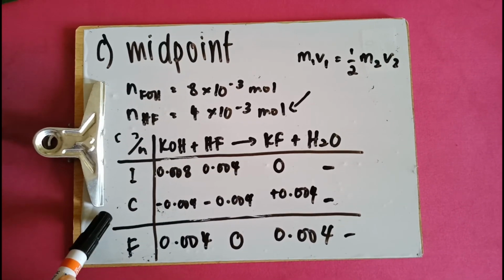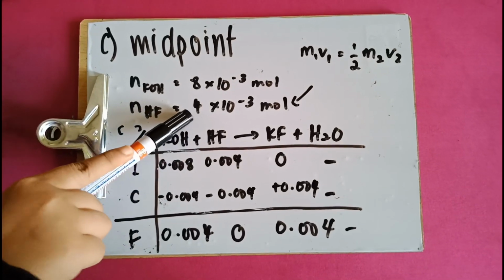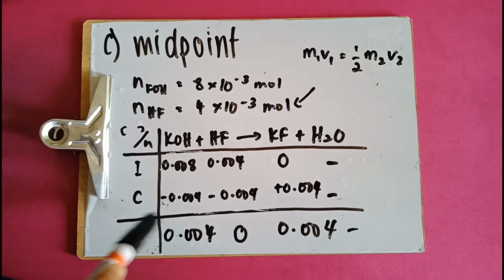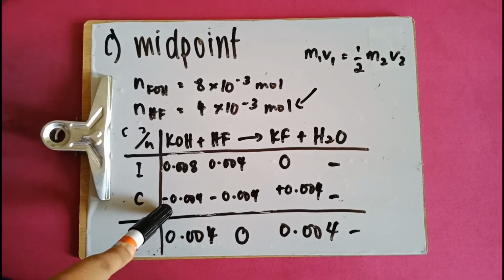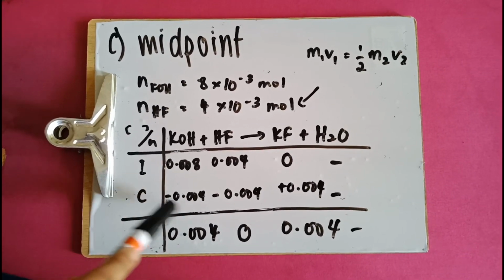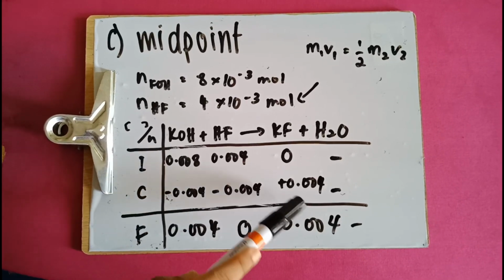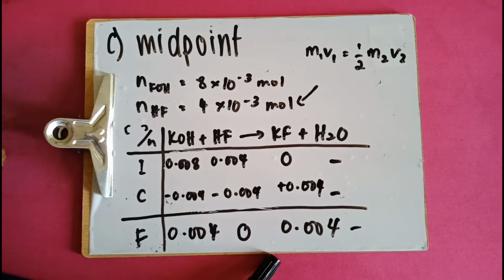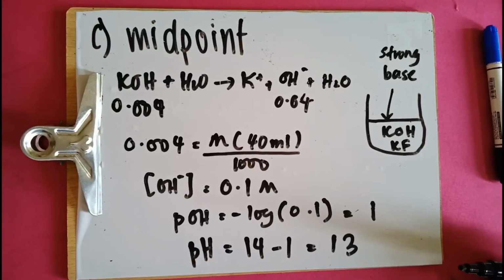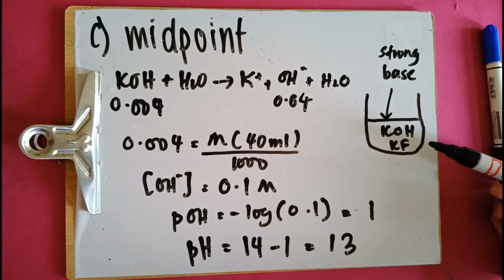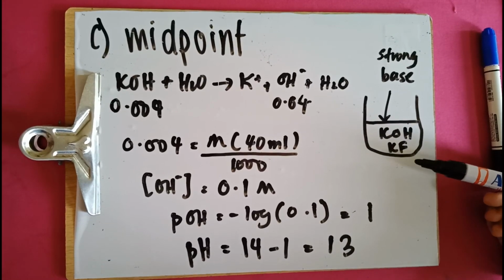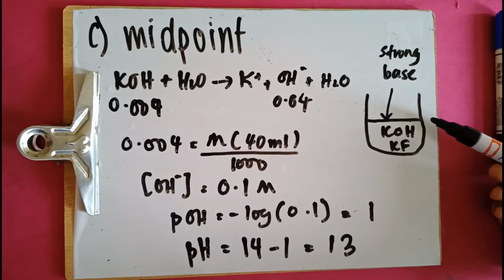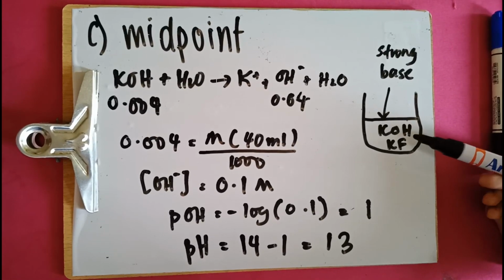And the change is, since HF is the limiting reactant, we minus 0.004 from each reactant, and at the product we plus 0.004, and we get the final like this. So the remaining in the beaker is the KOH and the KF, and since KOH is a strong base, the pH will be determined by the concentration of KOH.